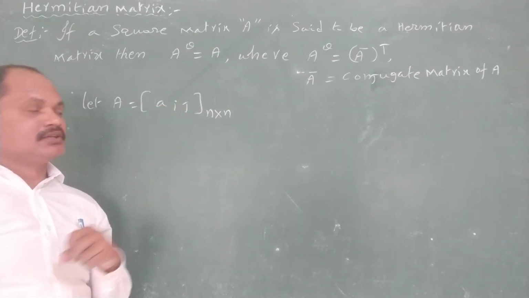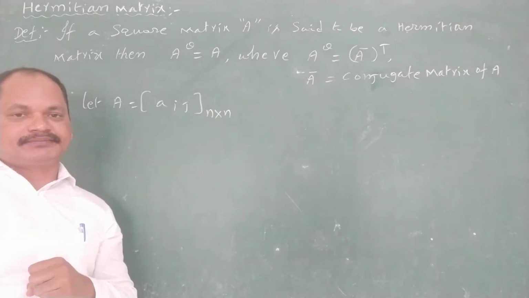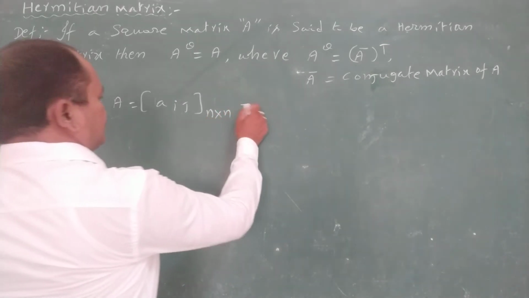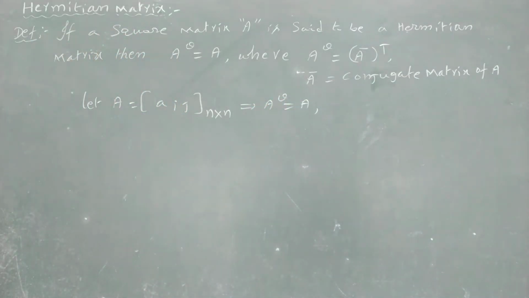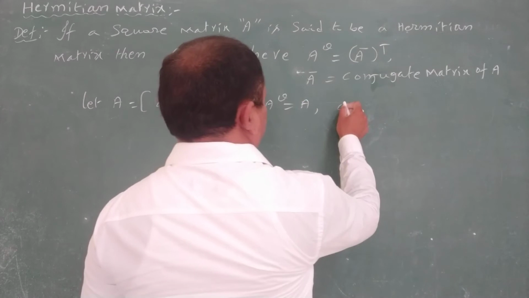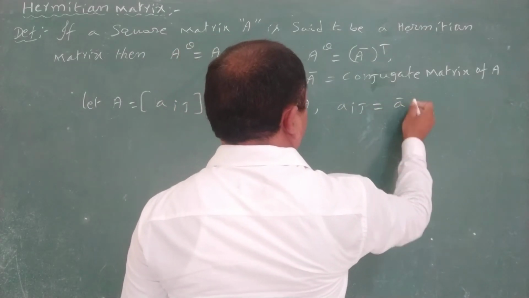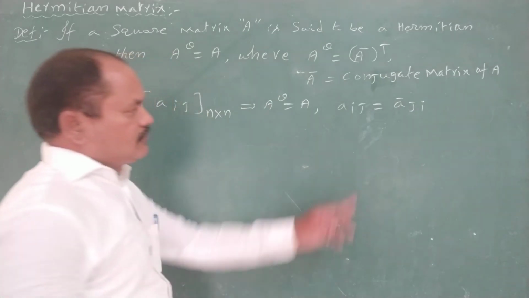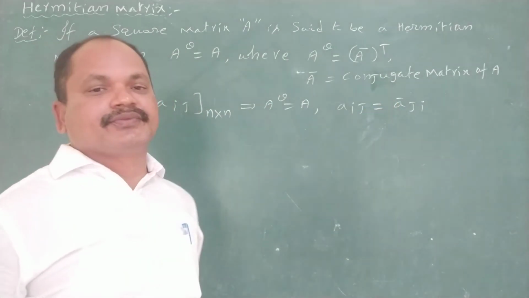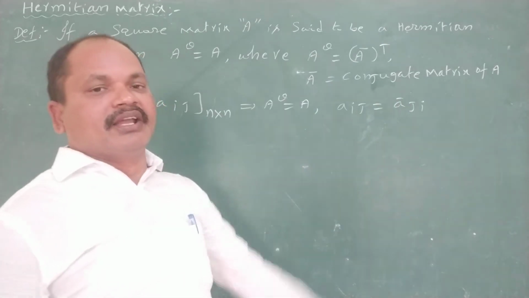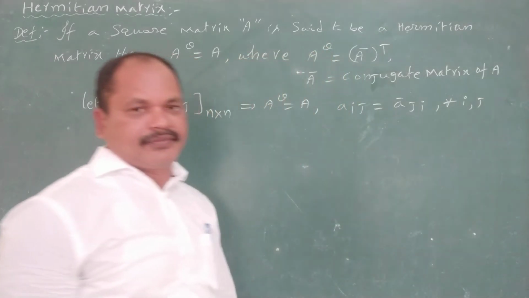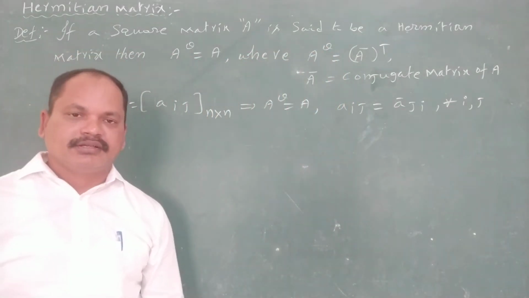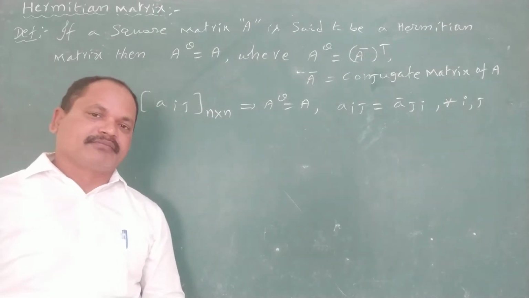Then A power theta is equal to A, such that Aij is equal to A bar ji, where A bar means the conjugate of the element, for all i, j. That's all. Now this is the concept for Hermitian matrix.